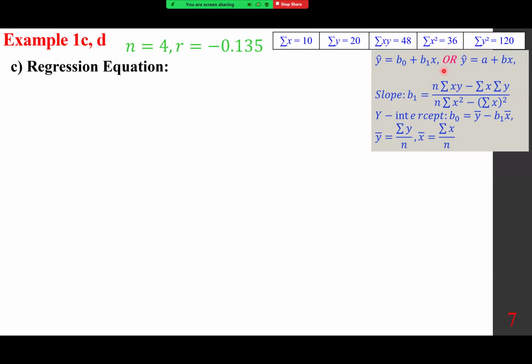That means I have to multiply it by this number, 48. And then minus summation of x times summation of y, multiply these two. That's the top. Then the bottom is 4 times summation of x squared, which is 36, minus summation of x, which is 10, quantity squared. That's what it's all about.